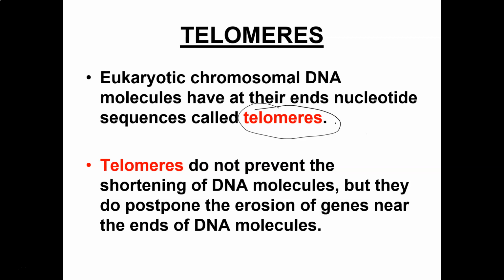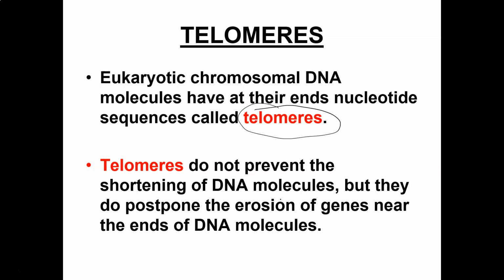So it's okay if the telomeres get shortened with repeated replications. You're not losing any important information. So while they don't prevent the shortening of the DNA molecule, they do prolong any adverse effects that might come from having your chromosome shortened.